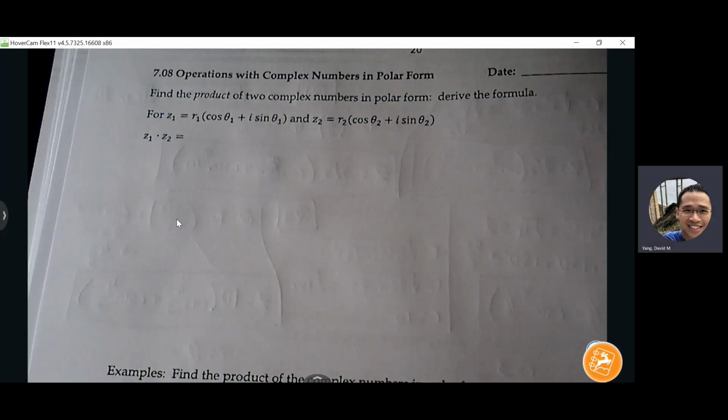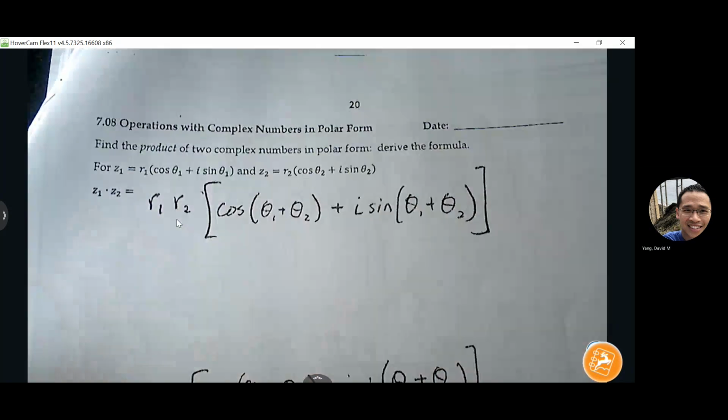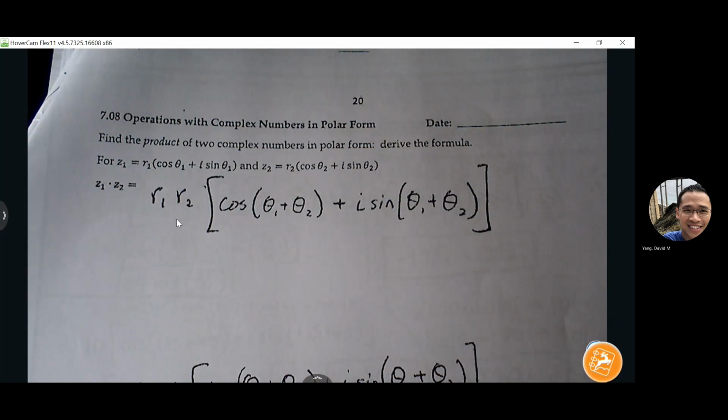We're going to take our information and just put it into this form. We'll take the two radii from the two complex numbers and multiply them together. We'll take the two different thetas from the two complex numbers, and we're going to add them within the sine and within the cosine.